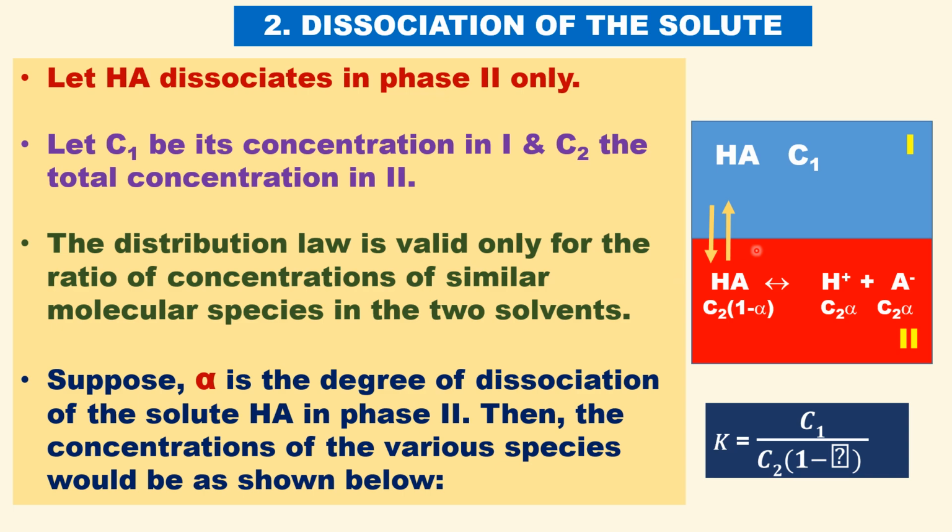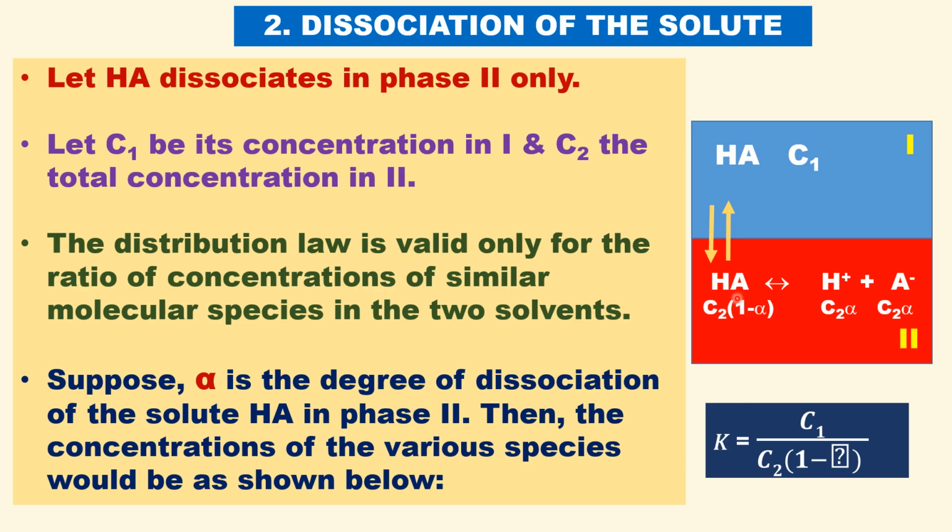The distribution law is only valid for the ratio of concentrations of similar species. So the distribution law is valid for the ratio of concentrations of undissociated, similar molecular species in the two solvents.